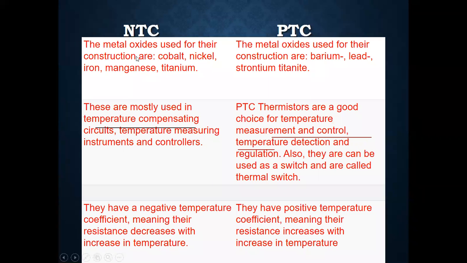So, comparison between NTC and PTC, the material we have already discussed. Then in the case of application, NTC is used for temperature compensation. In the case of most metals, if temperature is increasing, resistance is increasing.